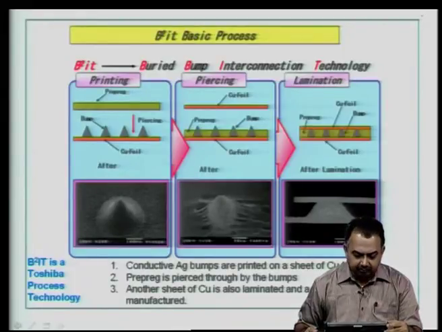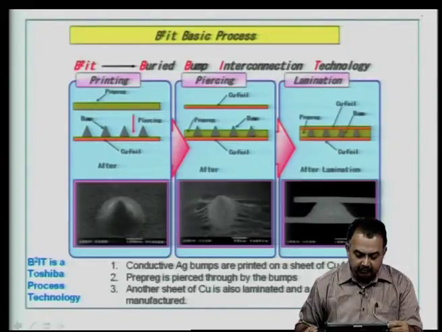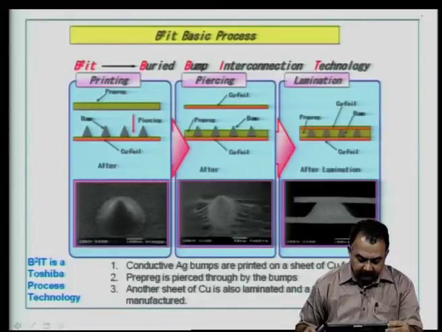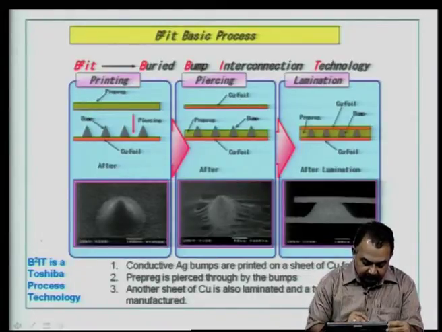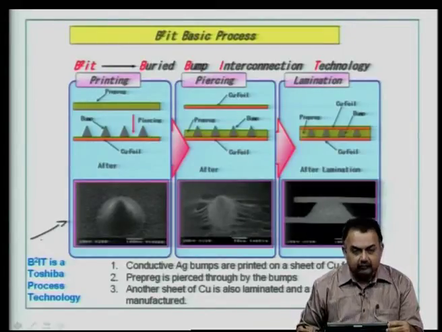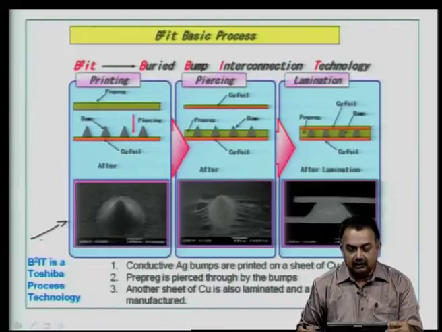Let us briefly describe the B squared IT process, buried bump interconnection technology. The first step on the left side you see there is a picture of the silver bump. Silver is a conductive material, probably mixed in an epoxy media.